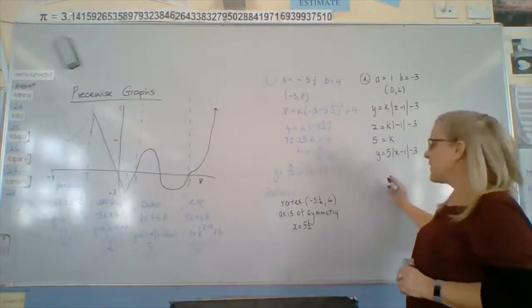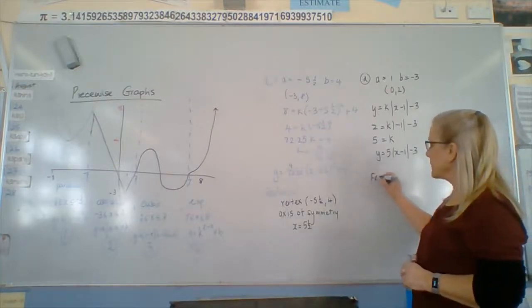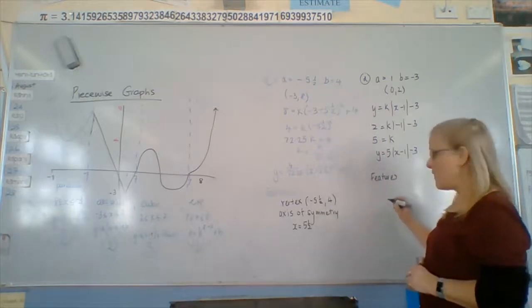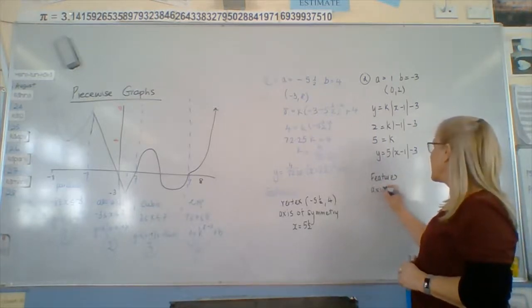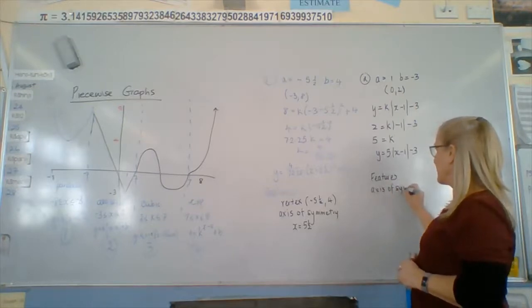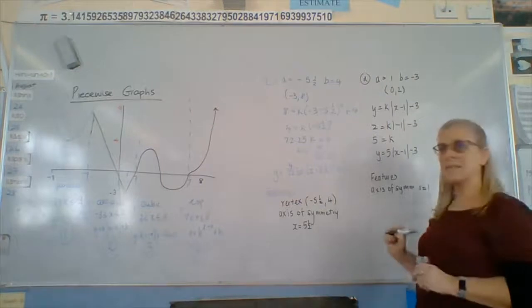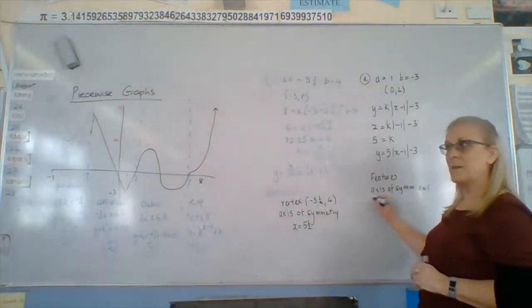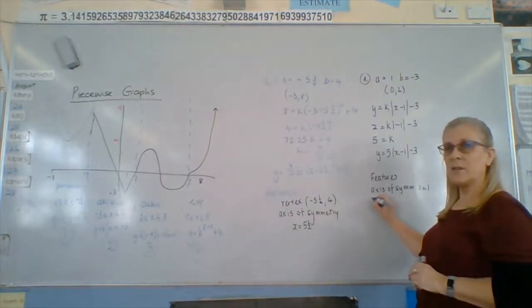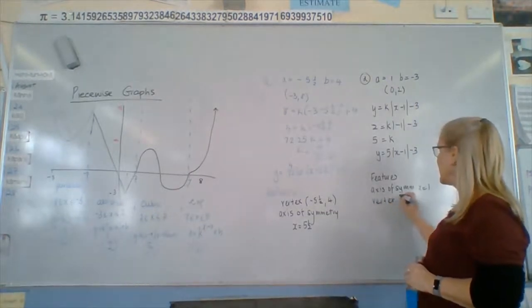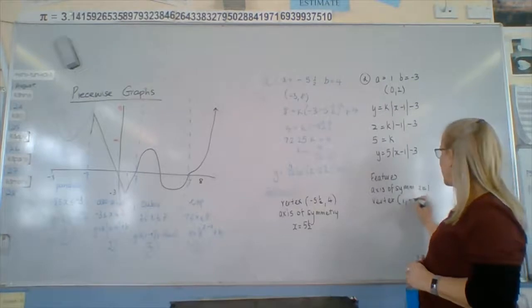So what features have we got here? Axis of symmetry at x equals 1, good. And vertex 1, -3.